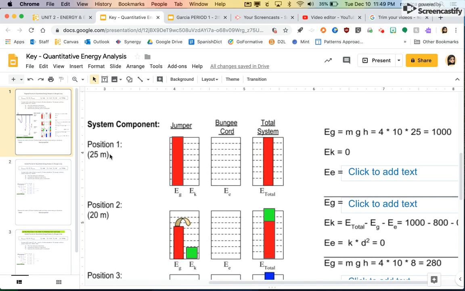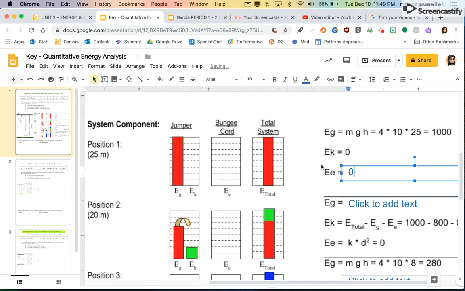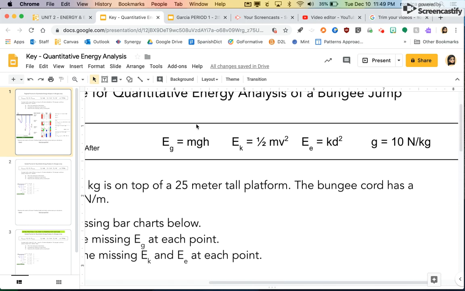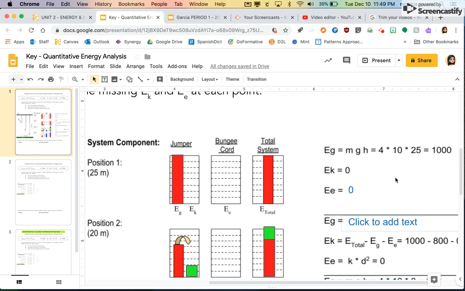In the first position, since we have all gravitational energy, we know that the kinetic energy is 0, and we also know that the elastic energy is 0. Okay? So all of the energy is going to be gravitational, and we can go ahead and use the equation that's given to us to find the total starting energy.